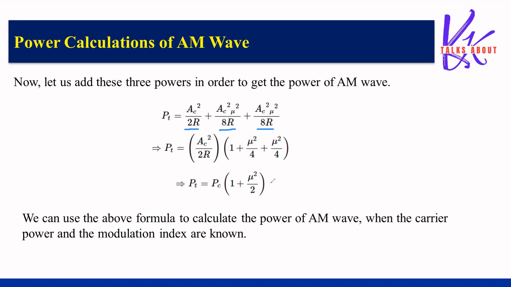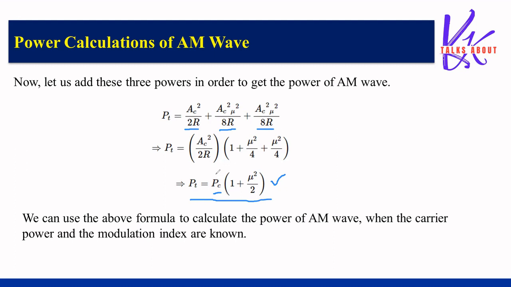So that gives us PT equals Pc, that is carrier power, into 1 plus mu square by 2. So this is the total power which is utilized by your amplitude modulated wave.